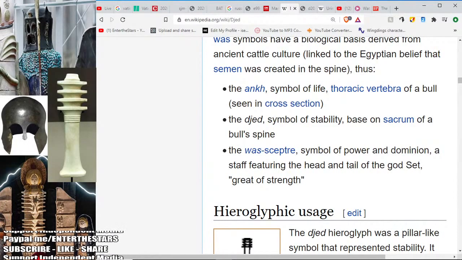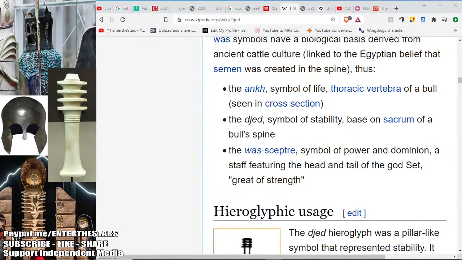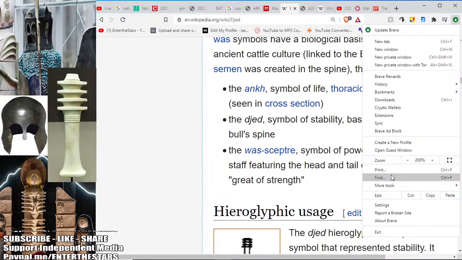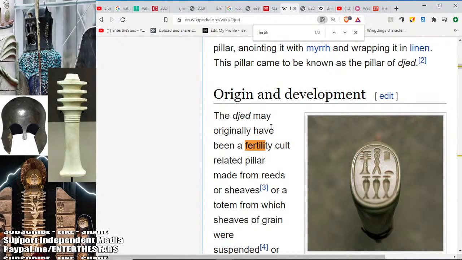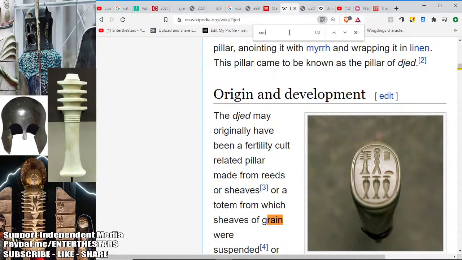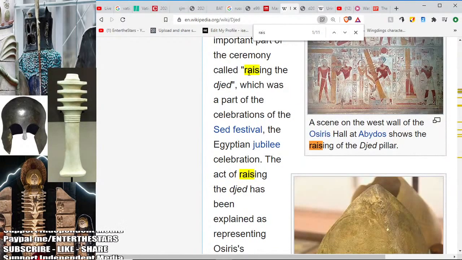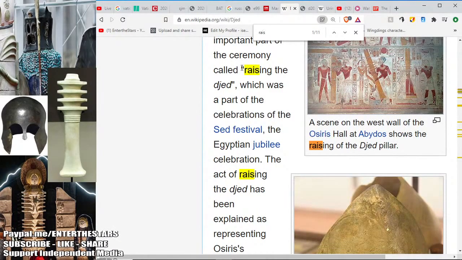And so the DJED, according to this source, is a fertility cult. Let me search the page for that. It's been referred to as a fertility cult. And there was a ceremony called the raising of the dead. Now, here is where things begin to sound a little creepy.